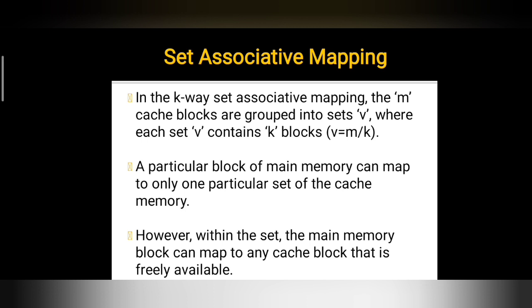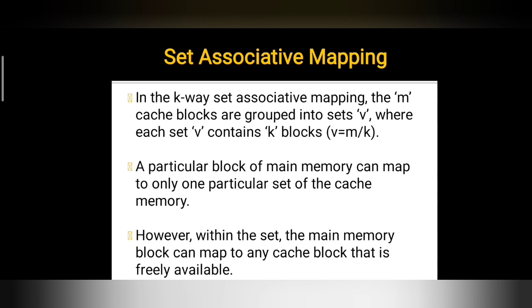Next is set associative mapping. This particular mapping technique is basically a combination of direct mapping and fully associative mapping. How, we are going to see, but here I'm going to make certain assumptions again. I'm assuming that in a cache memory, the total number of blocks is denoted by m.